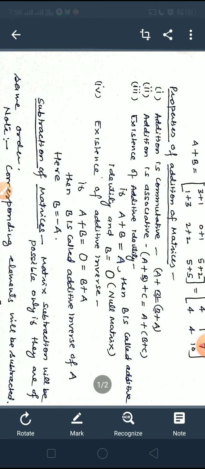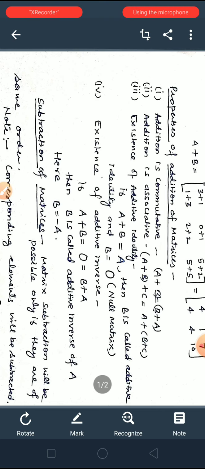Now existence of additive identity. What is an additive identity? If you recall, the additive identity of a natural number, or of an integer, is 0, because if you add 0 you will get the number itself. So here what can satisfy this property?